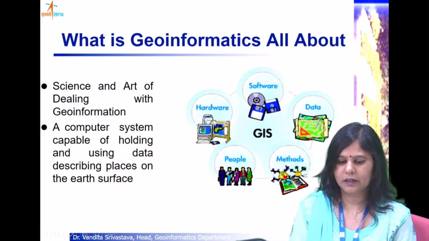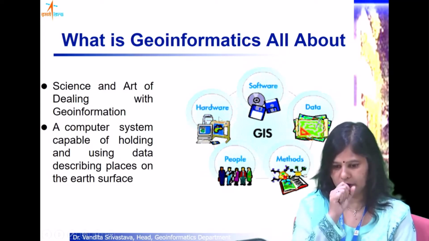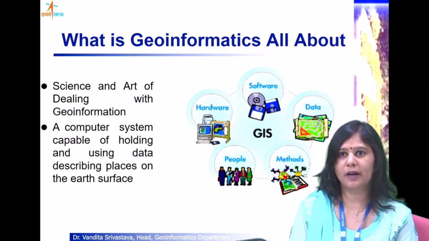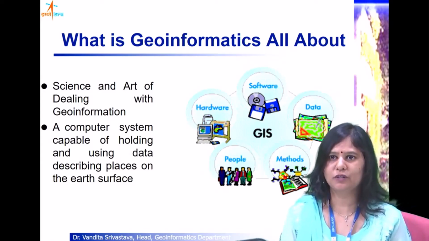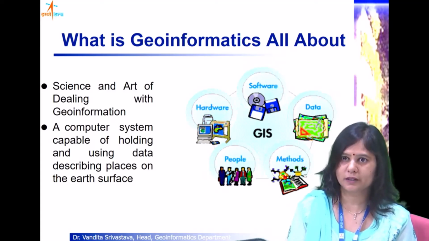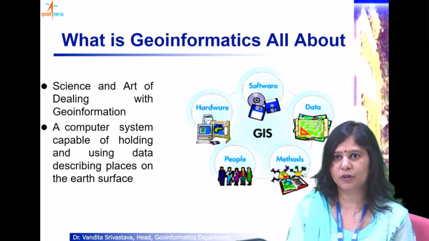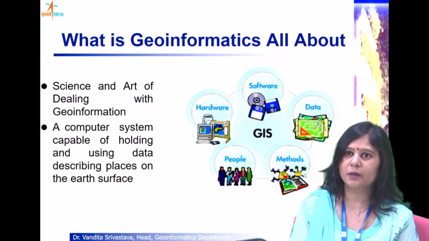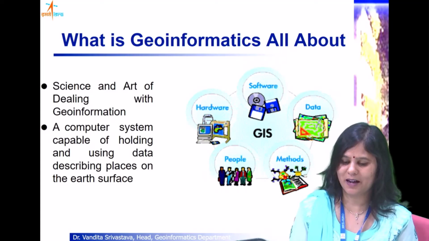What does it mean? We require hardware to make a GIS work, because we need some way of processing. For that we require a CPU, central processing unit, a display unit, a mouse and a keyboard. That is simply the hardware, that is a computer system.